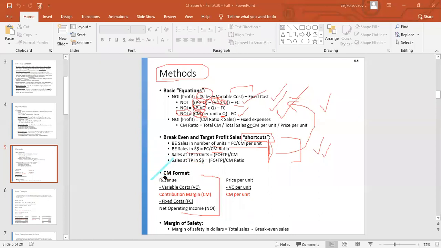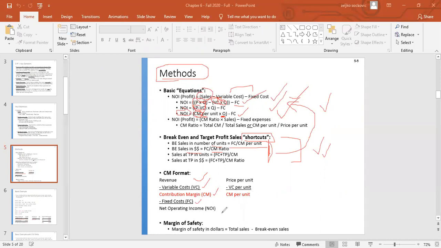Let me erase this. It seems like I like to draw a lot on this thing. Okay, just look at the format. This is the format that we learned in chapter 1. Yeah, I'll get to you, Guy. I think you raised your hand. This is a basic format. Revenue minus variable cost, you get contribution margin.